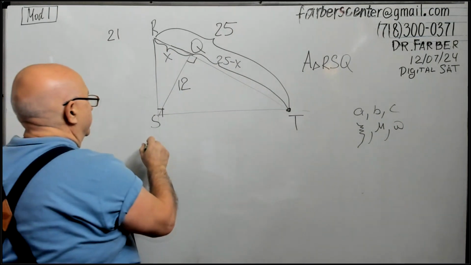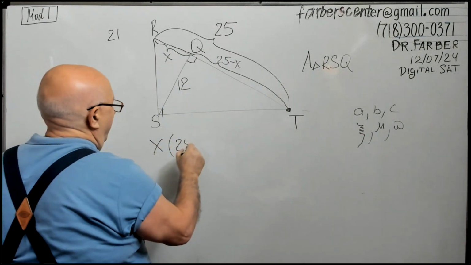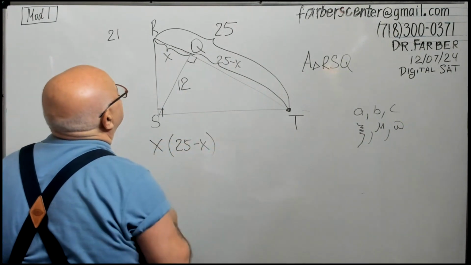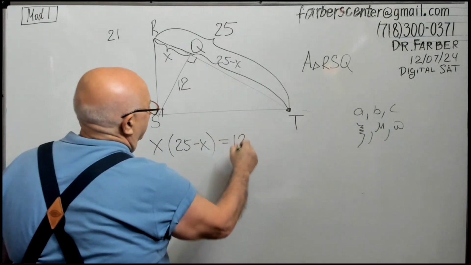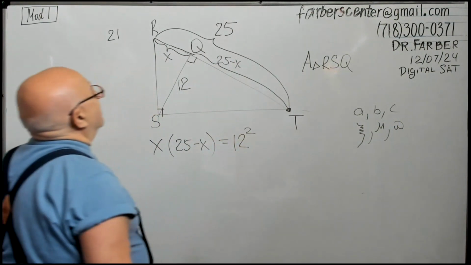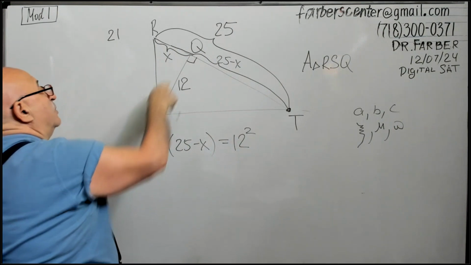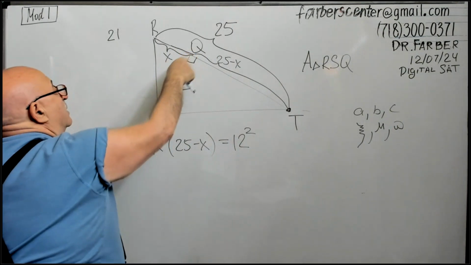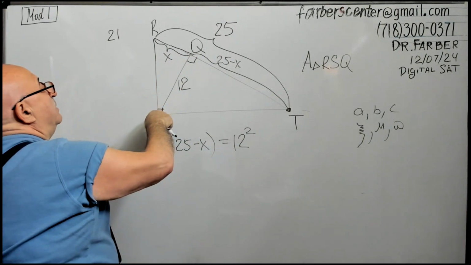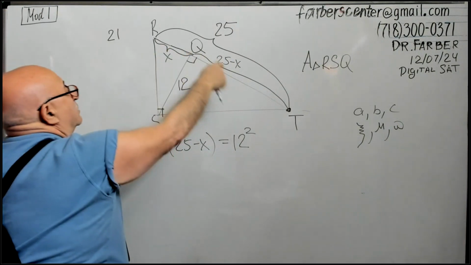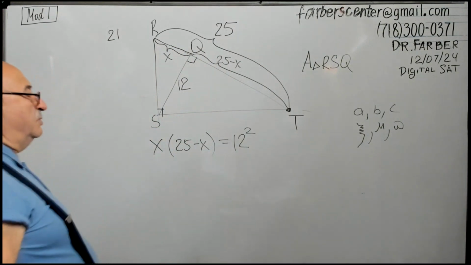So x times 25 minus x equals 12 to the second power. Again, the perpendicular drawn from the right angle to the hypotenuse equals the geometric mean, or product, of these two. We have many relations, but this is the most helpful.